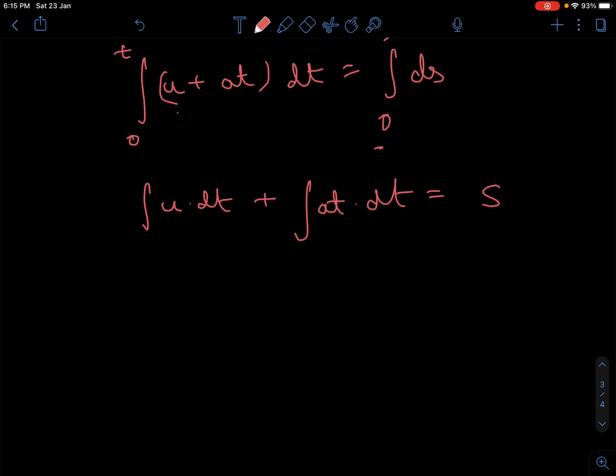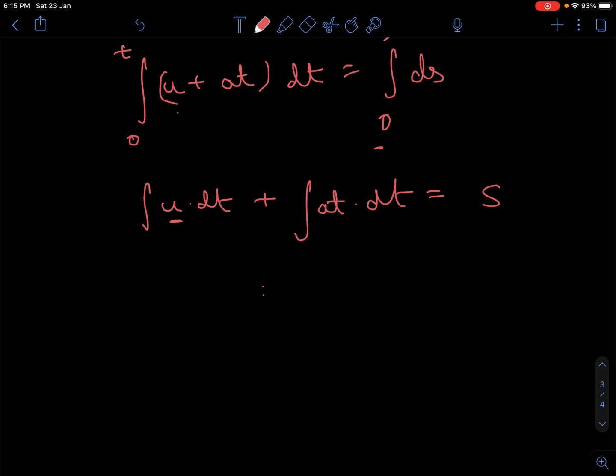As we know, u is constant. The initial velocity is always the same, it cannot vary as it is a single quantity.